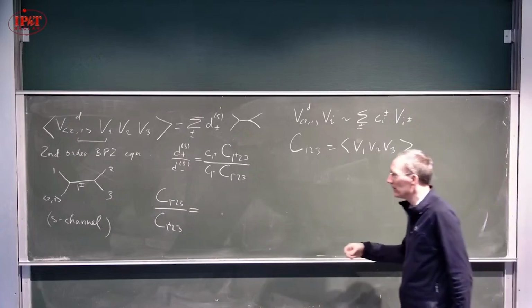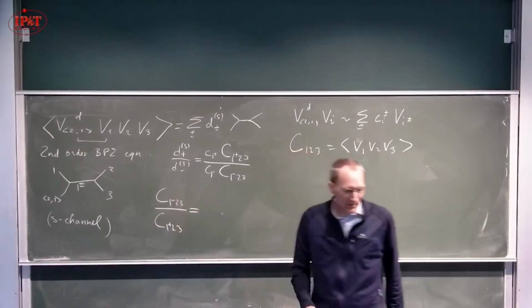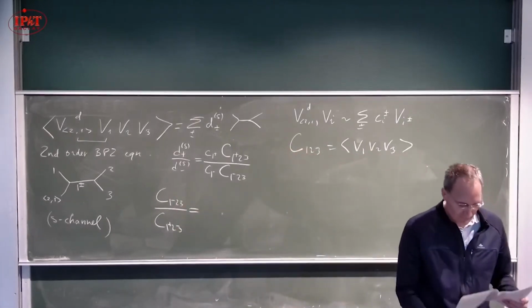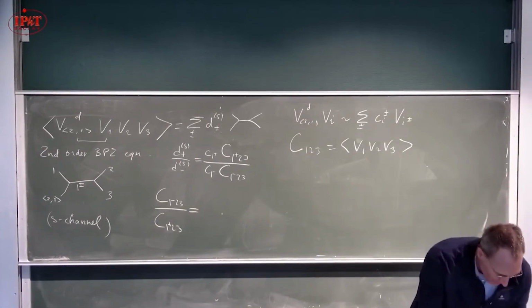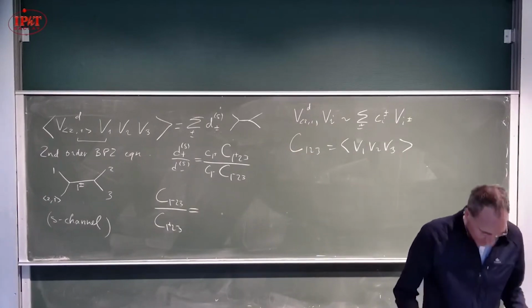Okay, so using crossing symmetry, we obtain this ratio. And well, let me rewrite it just as a reminder, because we will still need it.